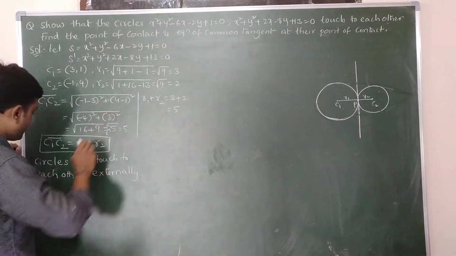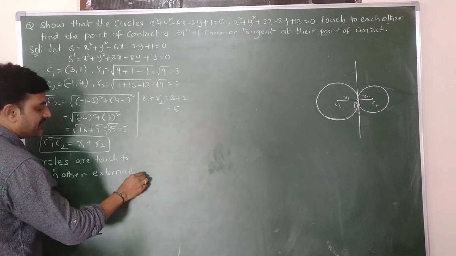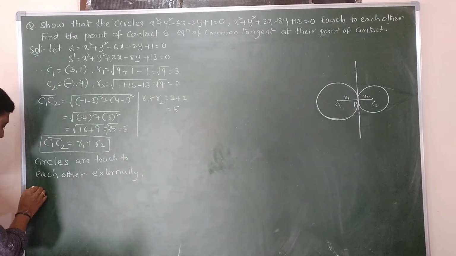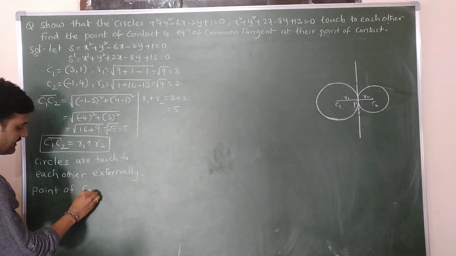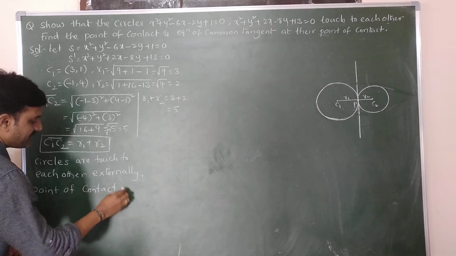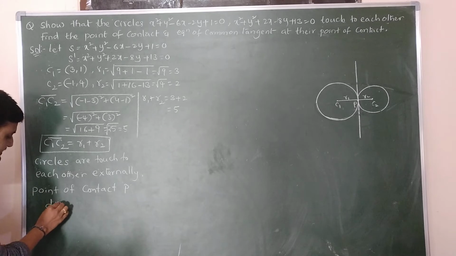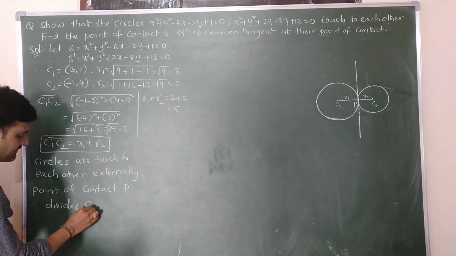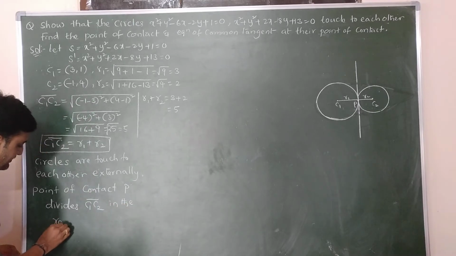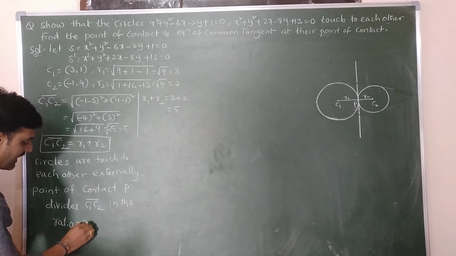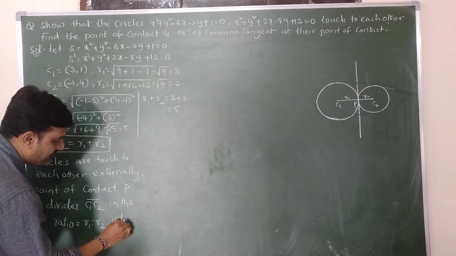So the point of contact P divides C1C2 in the ratio R1 is to R2, internally.